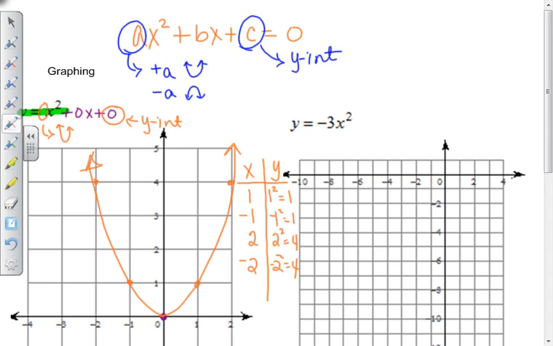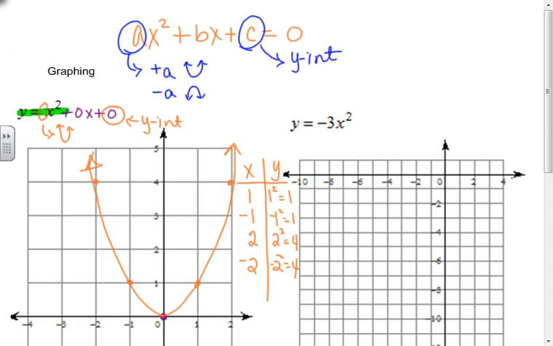Now, this example over here has a lot of the same features, so obviously, since there's nothing out here, we're talking about plus 0, so my y-intercept is 0. I know that it is going to open down, and because I'm multiplying by a negative 3, I know that it is going to get very big very fast.